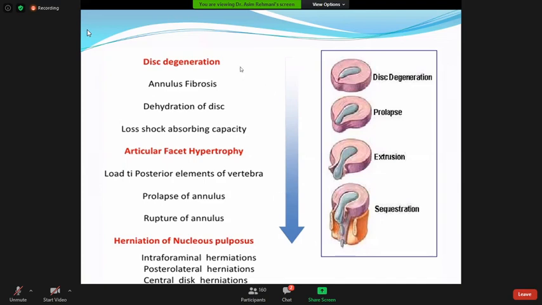These are the stages of disc degeneration. So basically, disc degeneration starts with disc dehydration or desiccation, followed by prolapse, herniation, and may lead to extrusion or sequestration of the nucleus pulposus outside the annulus fibrosus.